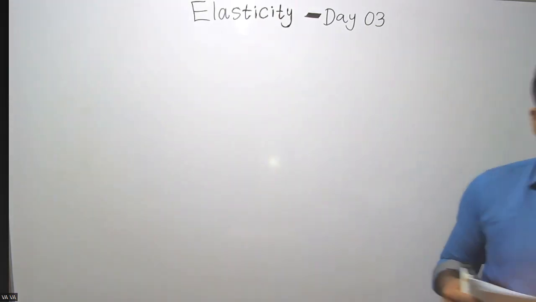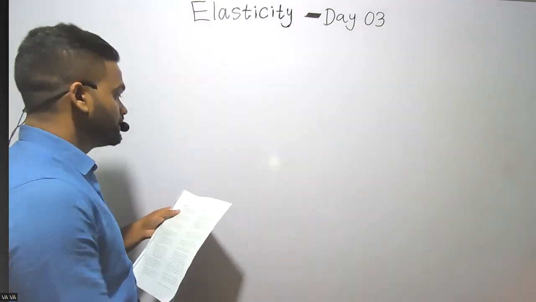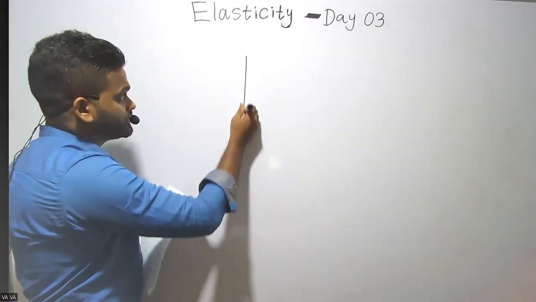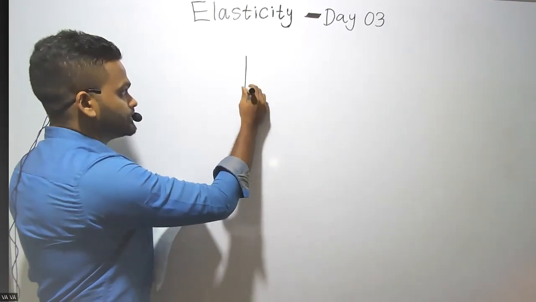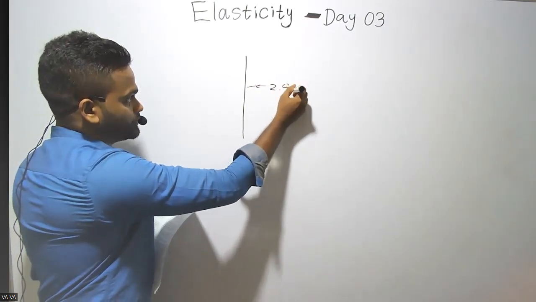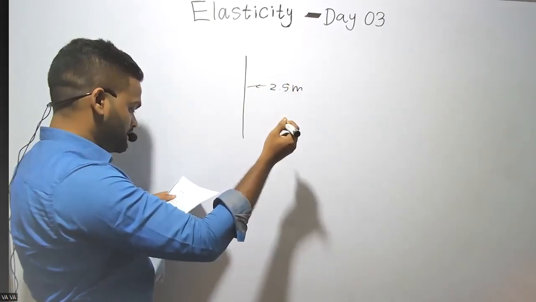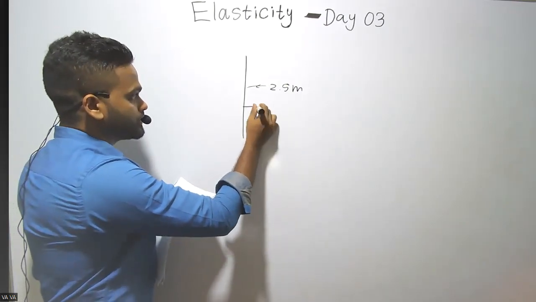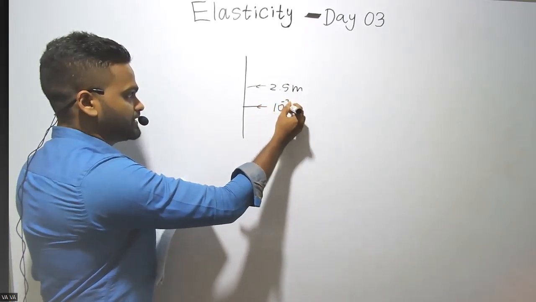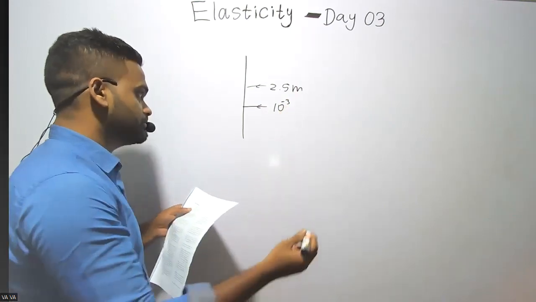First essay question. The length of a wire is 2.5 meters. You can draw a sketch. The cross-sectional area of the wire is 3 square centimeters.